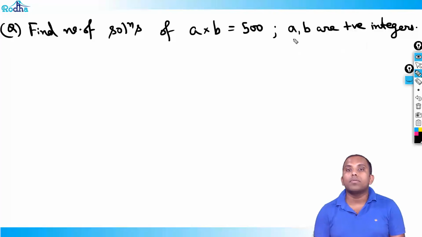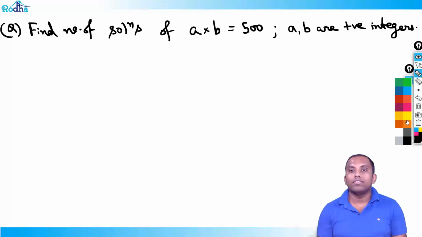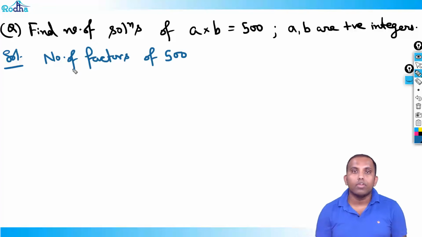That means this question is basically about factors, because factors are always natural numbers, positive integers. This question automatically turns to factors. So what will be the answer in this case? The answer will simply be equal to the number of factors of 500.